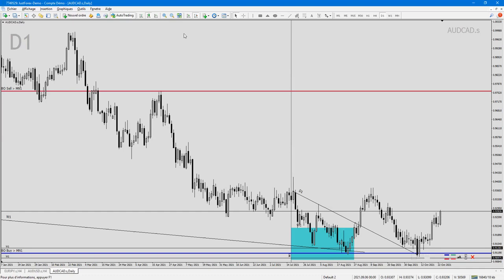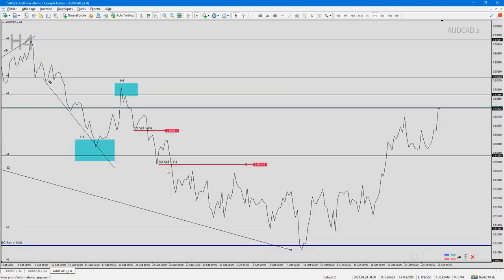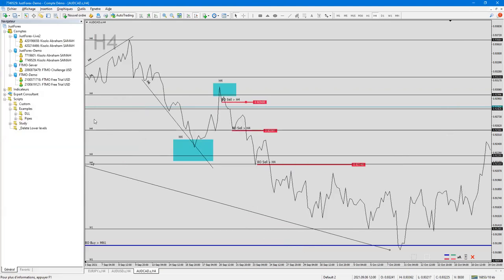we can see that in line chart we got this level, and another breakout sell.